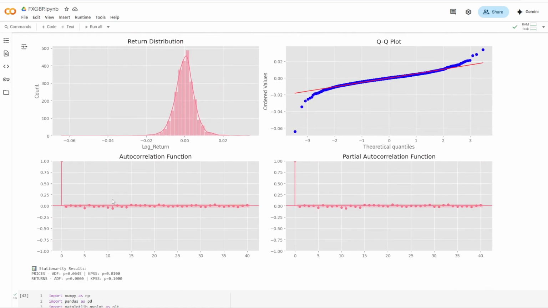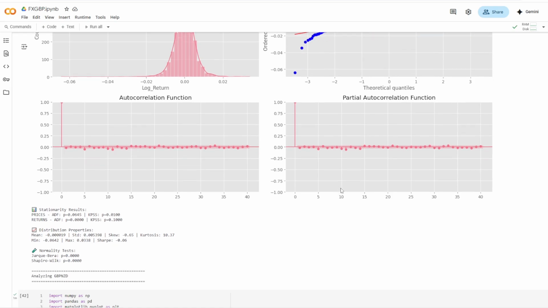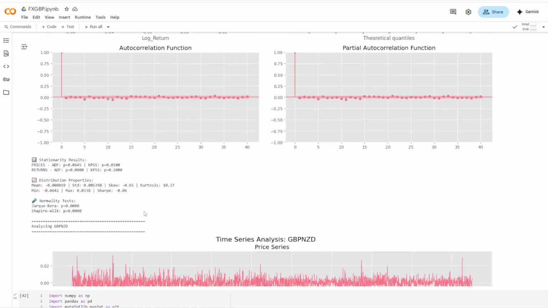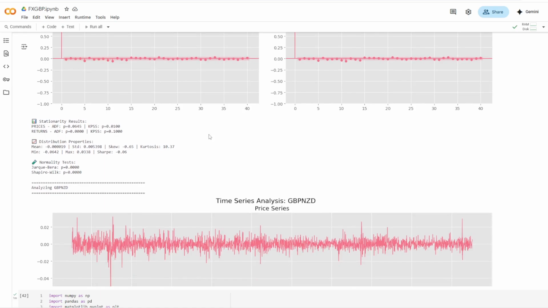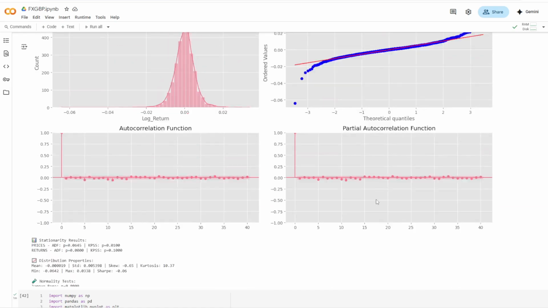We see that there is no lagged autocorrelation, so the daily returns are stationary, and you can run the Dickey-Fuller test, and the Jarque-Bera and Shapiro-Wilk tests. You have your parameter, and you see if the p-value is statistically significant, and you see that there is no autocorrelation or partial autocorrelation.